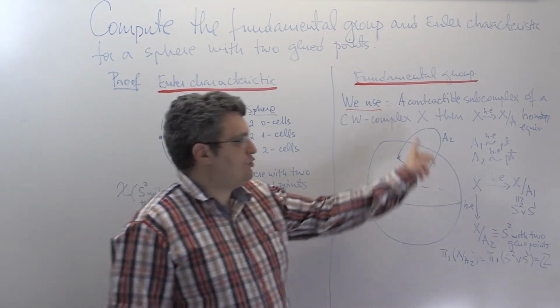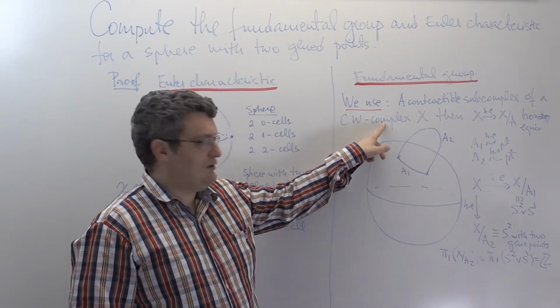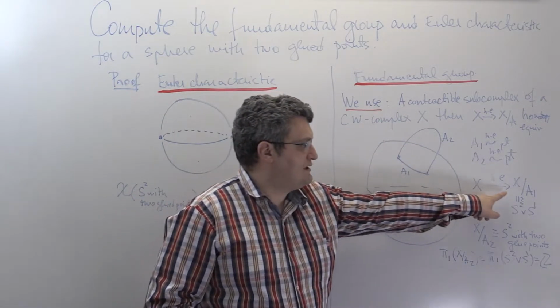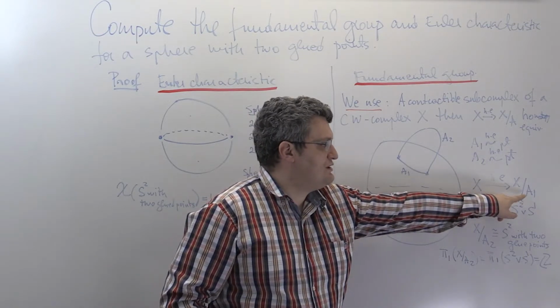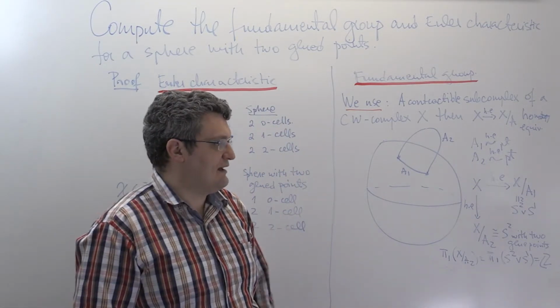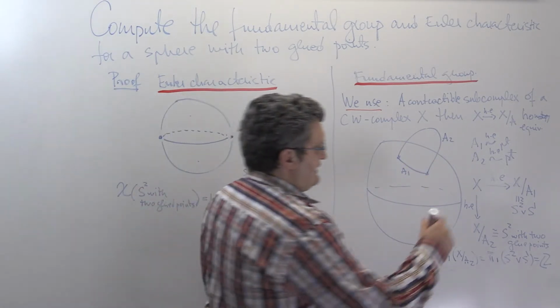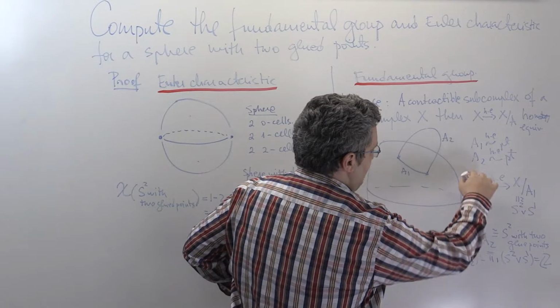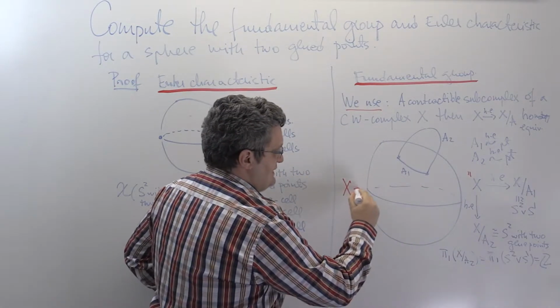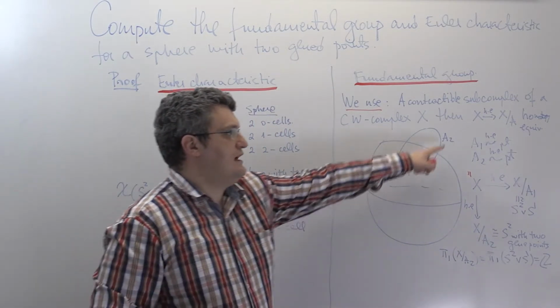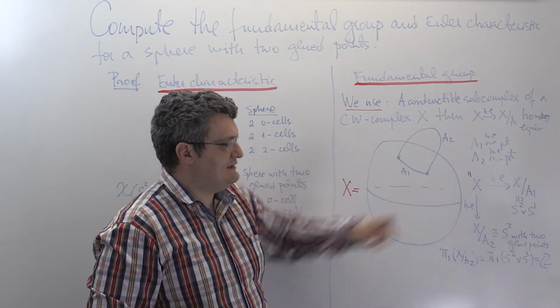So according to the theorem we want to use, the map X to X quotient A1 is a homotopy equivalence. But what is X? Here X is the entire picture, the entire picture of A2 and the sphere.